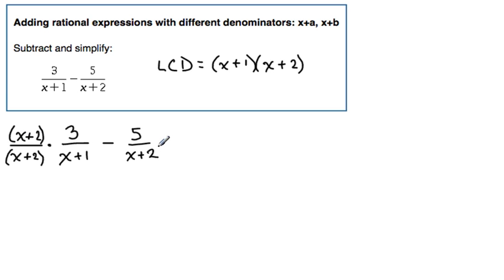The second term is missing x plus 1. So we have to multiply the bottom and the top by the binomial x plus 1.